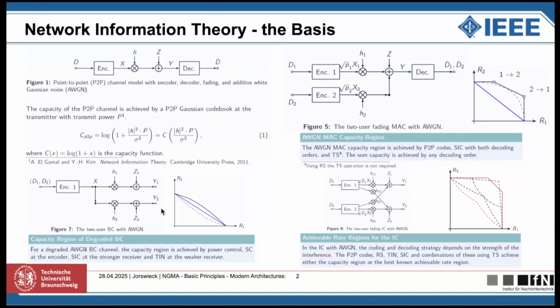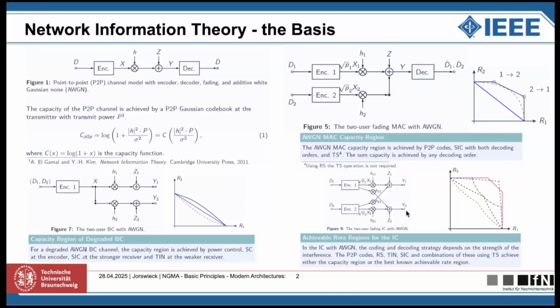This is what was introduced in the last presentation, so-called power domain non-orthogonal multiple access, PD-NOMA. Again, it is important to note that this combination of point-to-point channel codes together with superposition coding and successive interference cancellation can achieve the capacity region of this system.